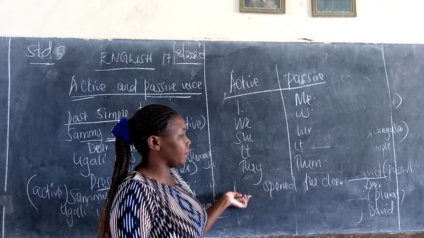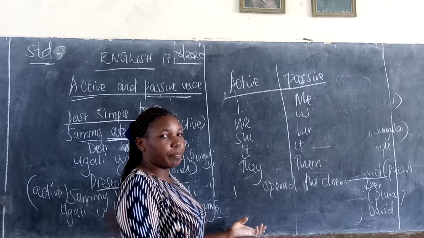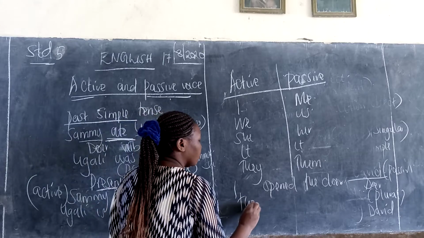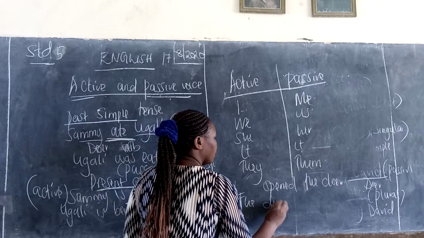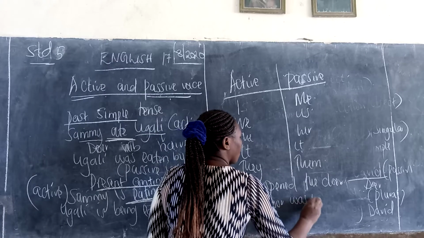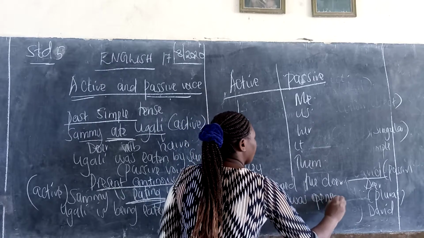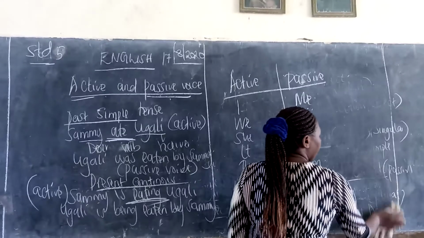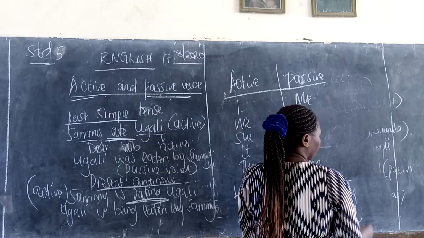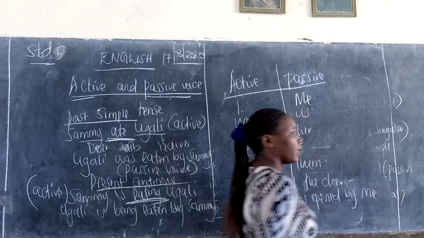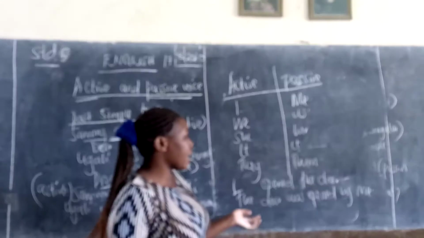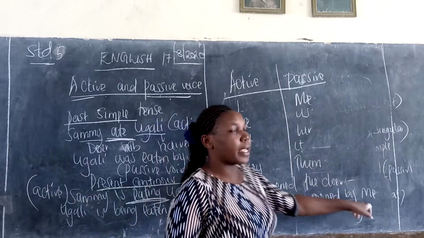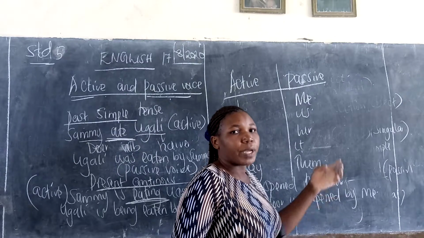This one is in active voice. Let me change my sentence into passive. If I change the sentence into passive, it will be: the door was opened by me. Meaning, you cannot say the door was opened by I. The door was opened by me.